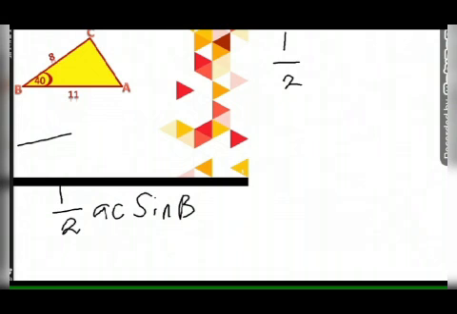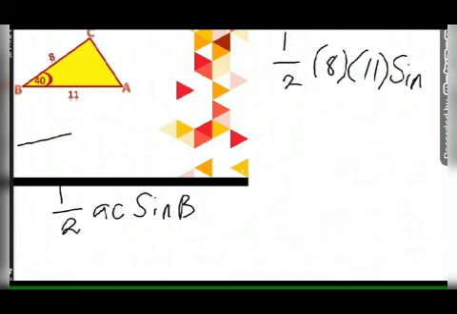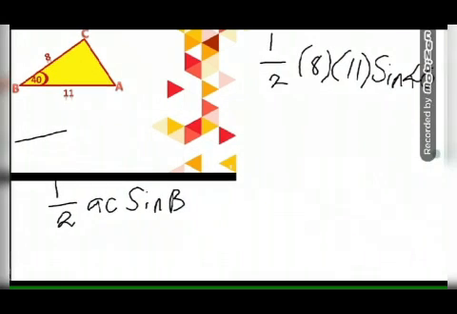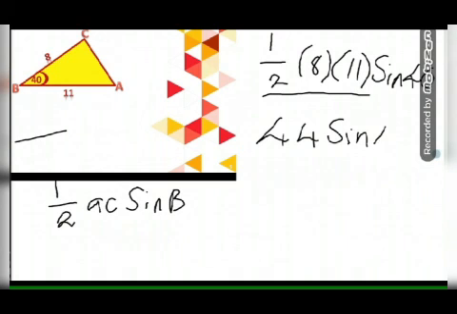And we would have half multiplied by 8 multiplied by 11, and then we have our sine B, that's sine 40. We can start by first simplifying this part, and that would give us 44 sine 40.